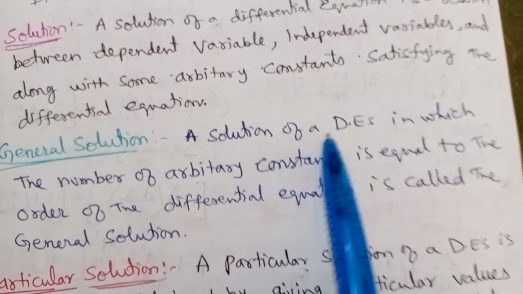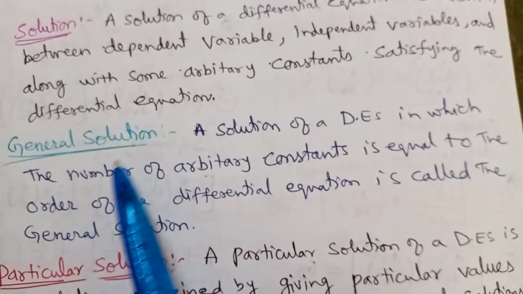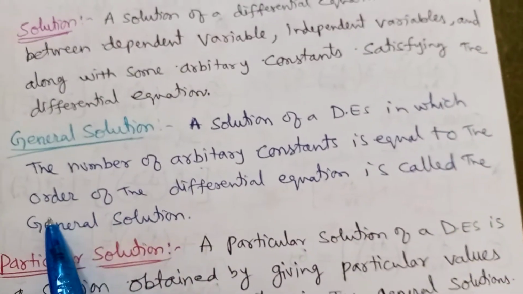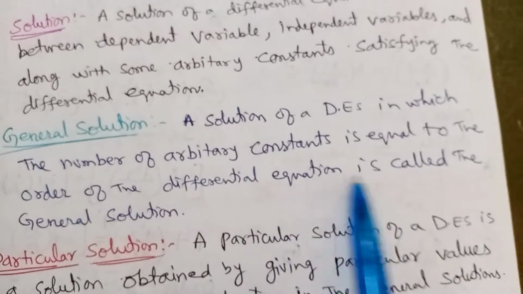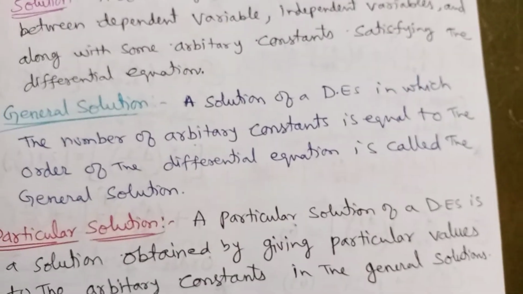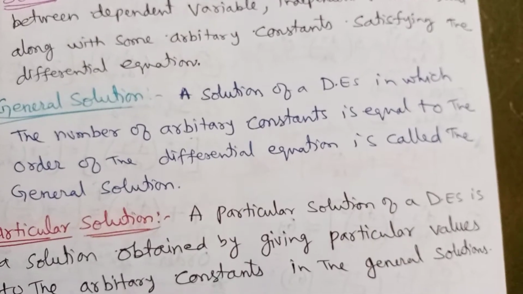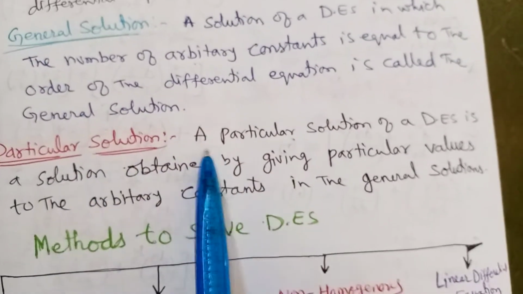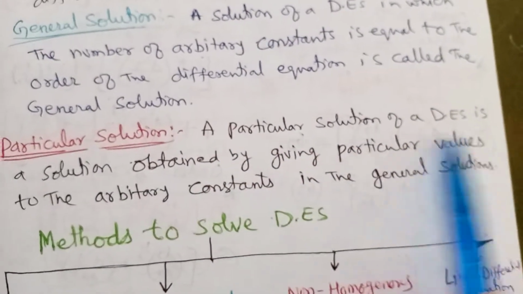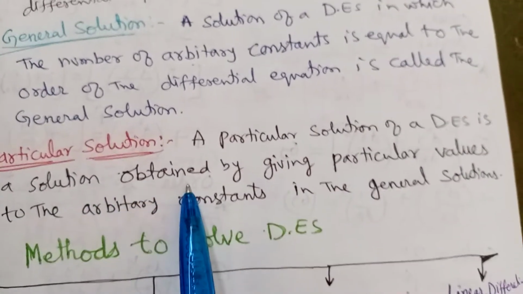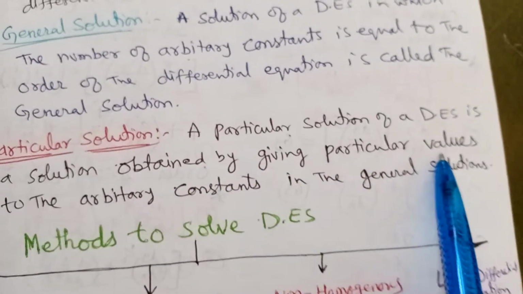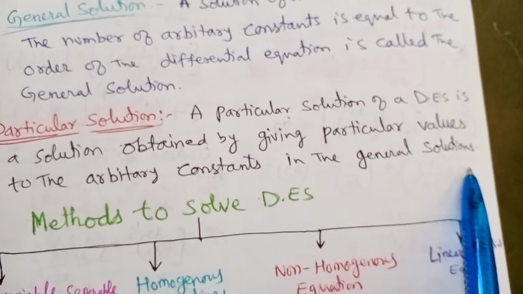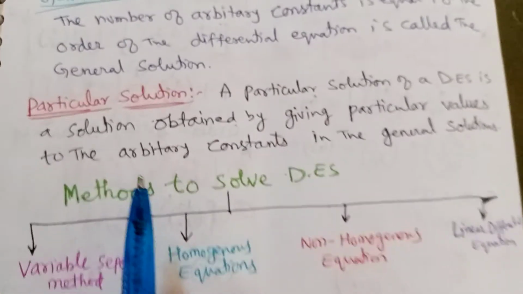A solution of a differential equation in which the number of arbitrary constants is equal to the order of the differential equation is called the general solution. Next, particular solution. What is a particular solution? A particular solution of a differential equation is a solution obtained by giving particular values to the arbitrary constants in the general solution.